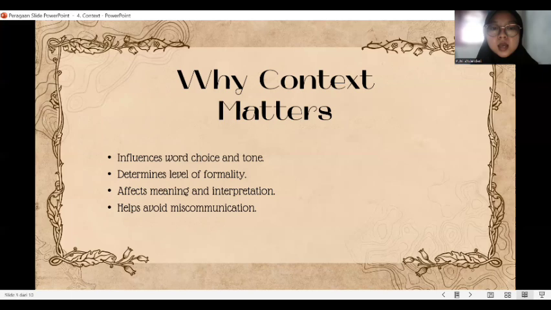The third is it affects meaning and interpretation, such as a joke may not be funny in the wrong setting. The fourth is it helps us avoid miscommunication. Wrong context can result in awkward or even offensive language.